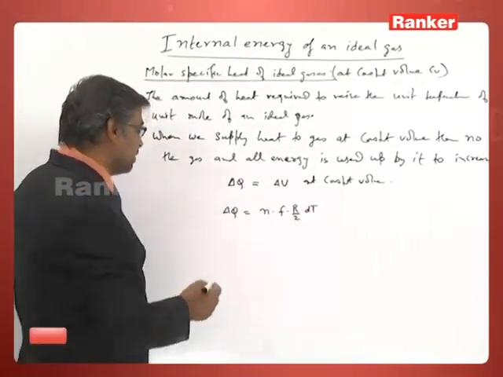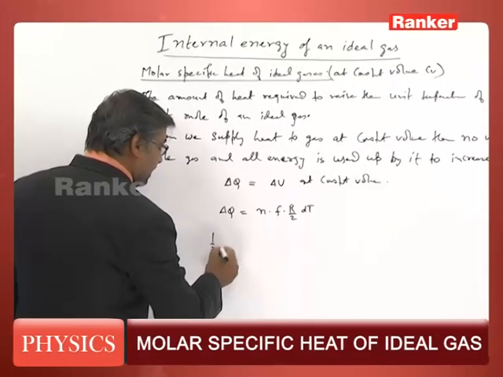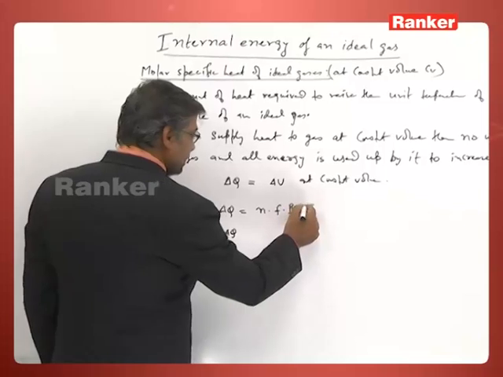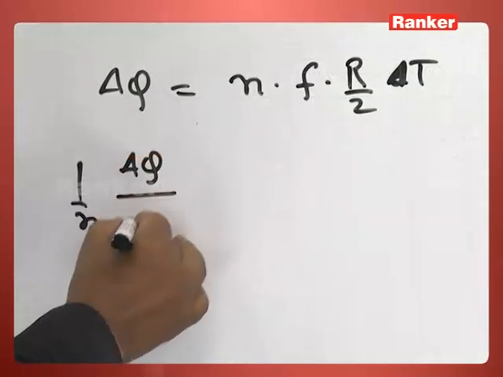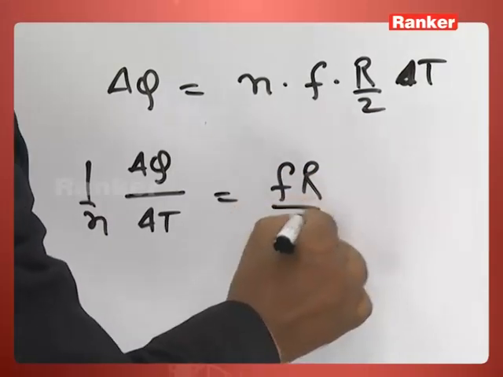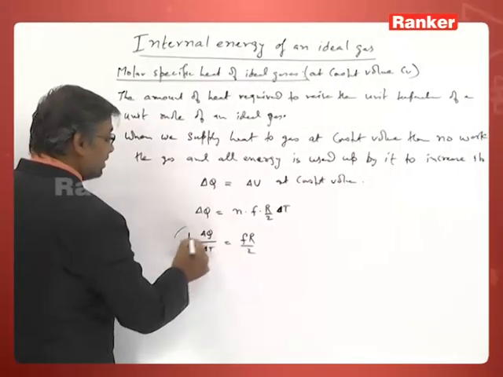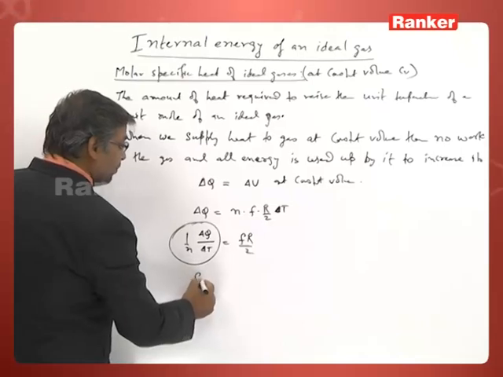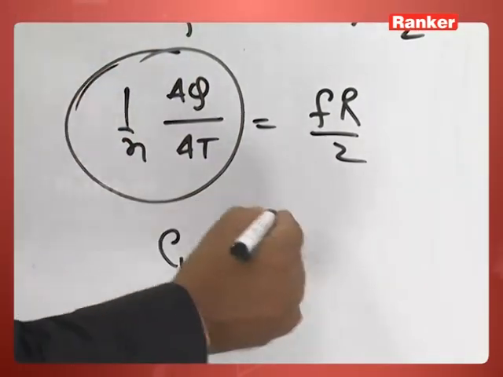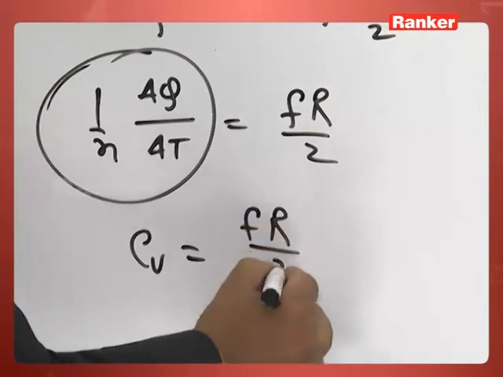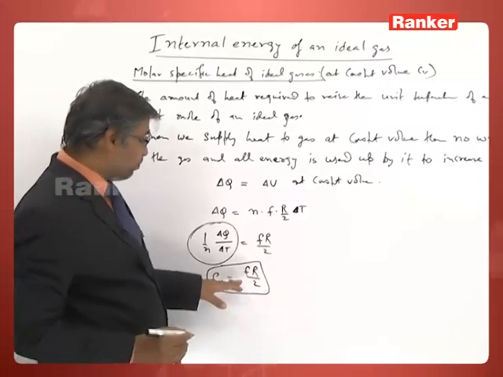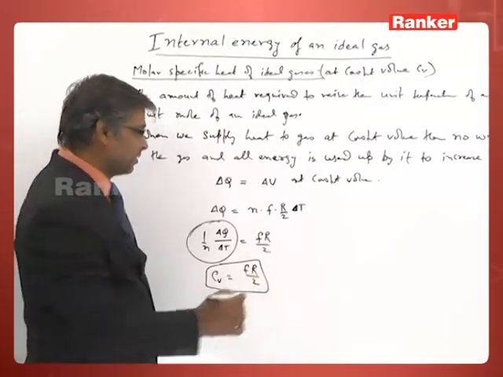N has been brought here, delta Q by N delta T will be equal to F into R by 2. We call this quantity CV, that is the molar specific heat of a gas, F into R by 2. So, this is the formula for molar specific heat of a gas.